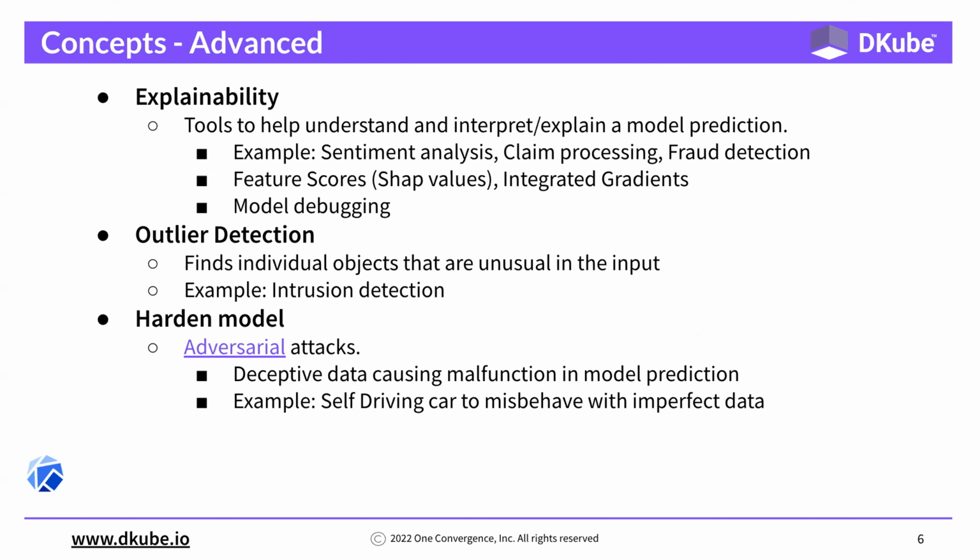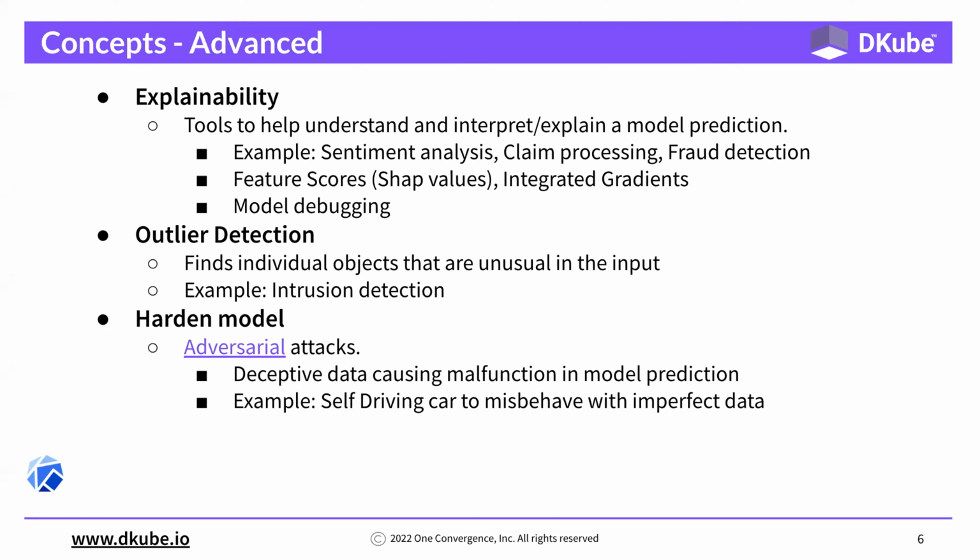Okay. And then these are some advanced concepts. They may not have anything to do with monitoring itself, but are with respect to the operation of a model or a deployment. Explainability is one, where you want to understand why a model predicted in a particular way. These are based on feature scores, and this also helps you debug your model. You may want to see which features are getting more importance.